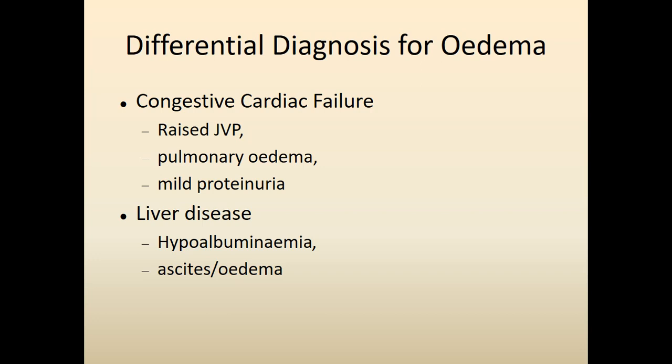In congestive cardiac failure, there is raised JVP clinically, pulmonary edema, and mild proteinuria. As I said, in nephrotic syndrome the proteinuria is more than 3 grams in 24 hours, but in congestive cardiac failure it could be less than 1 gram in 24 hours. In liver disease, there is hypoalbuminemia, ascites and edema, because of a problem with albumin synthesis in the liver.